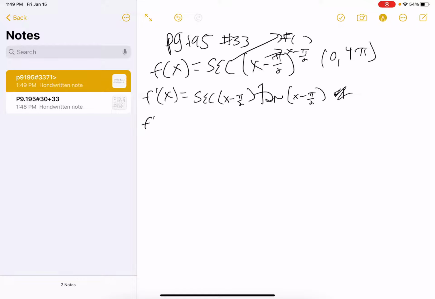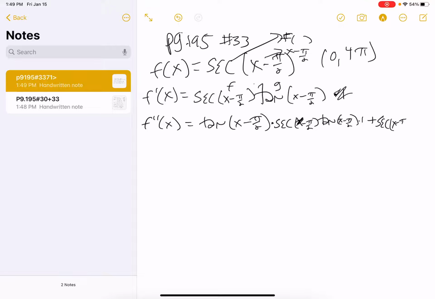So now when I do my second derivative, I'm going to have to do a product rule. So this is f times g: g times f prime, which is secant of x minus pi halves times tangent of x minus pi halves times 1, plus f times g prime, which is secant squared of x minus pi halves times 1.